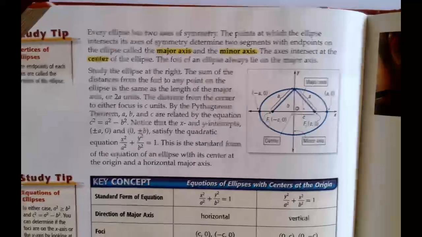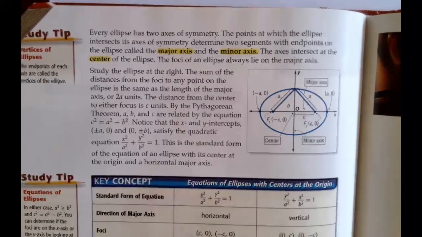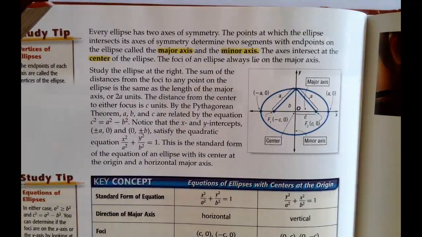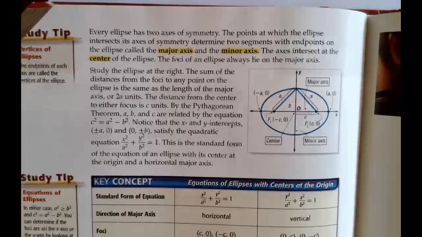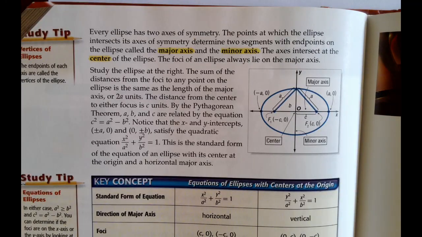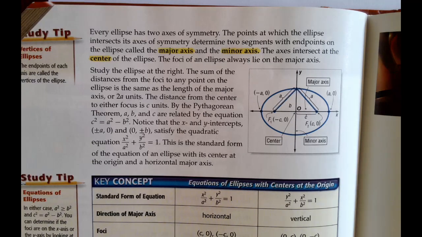There are several main characteristics of an ellipse. Every ellipse has two axes of symmetry. The points at which the ellipse intersects its axes of symmetry determine two segments with endpoints on the ellipse called the major axis and the minor axis. The major axis is called the major axis because it's longer.